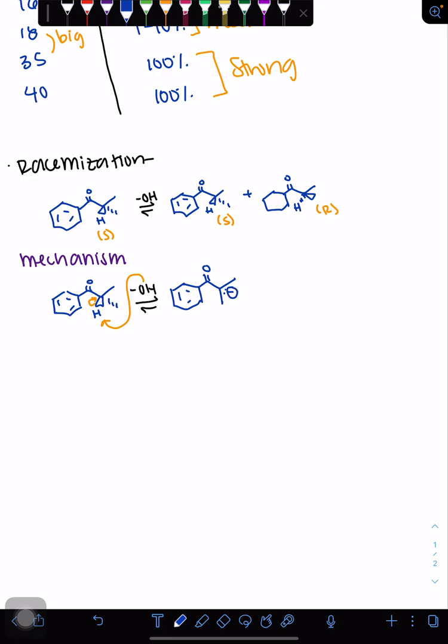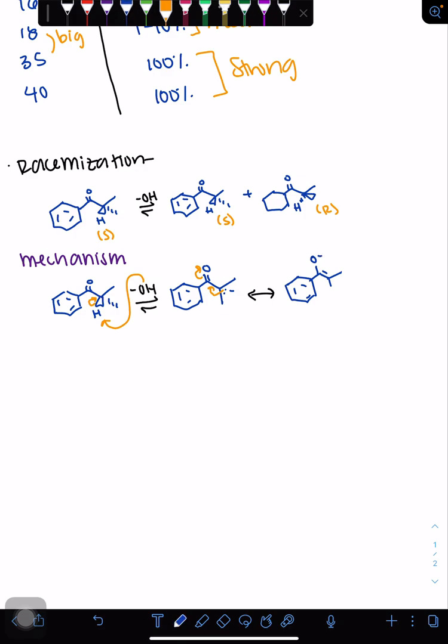That's a negative charge. And then these lone pairs are going to go here, and then this double bond is going to break and go back to the oxygen to give us this, and this is a negative charge.